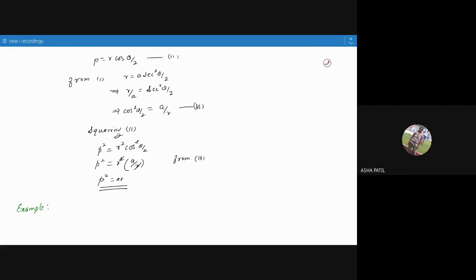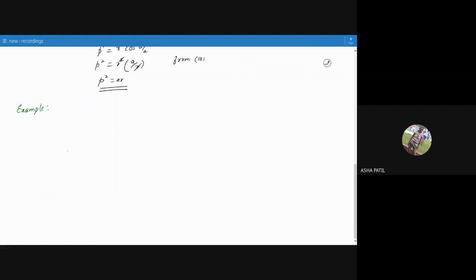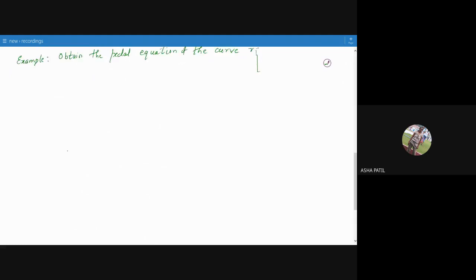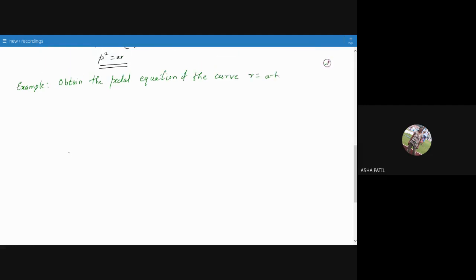Obtain the pedal equation of the curve r is equal to a plus b cos theta.